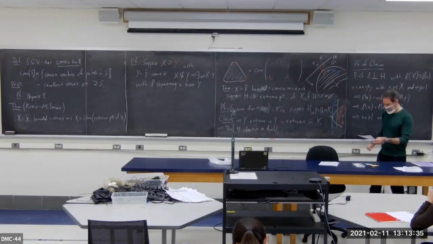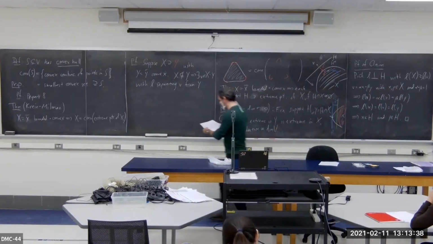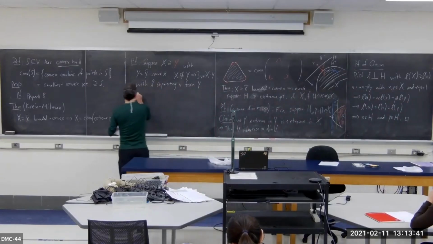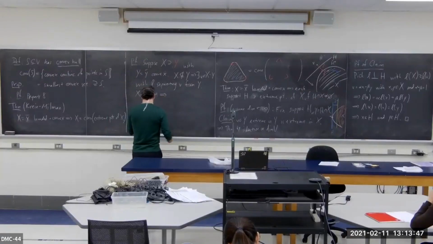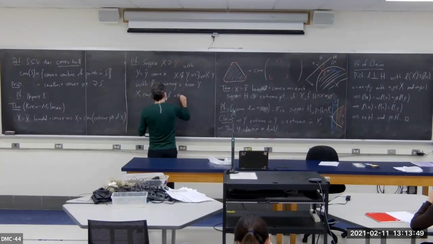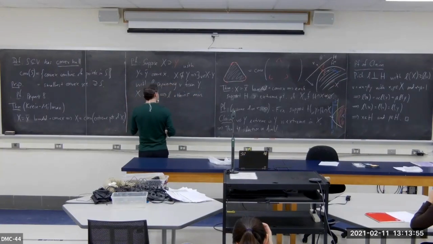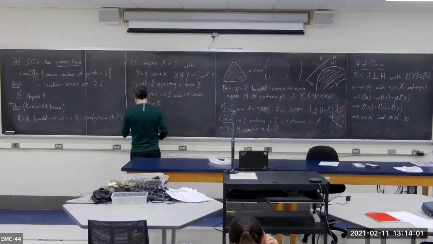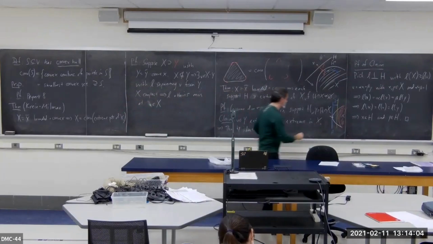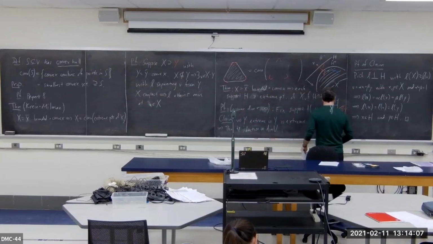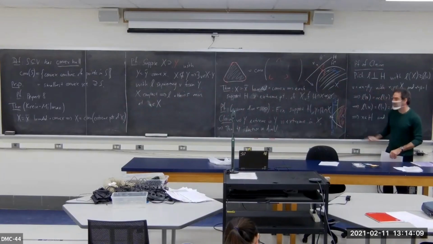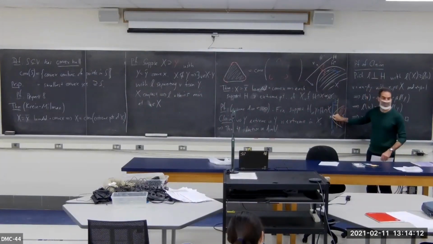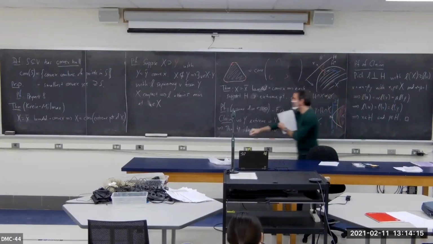So X is compact, which means closed and bounded. Then L attains a minimum at some point x in capital X. So that's the point here. I'm going to rename it x, whereas it was b. So this linear function is going to attain a minimum at some point of X, and that's going to be the point that I want.